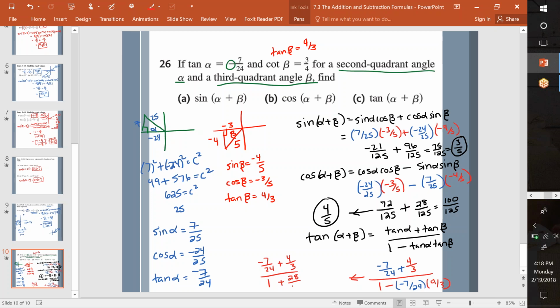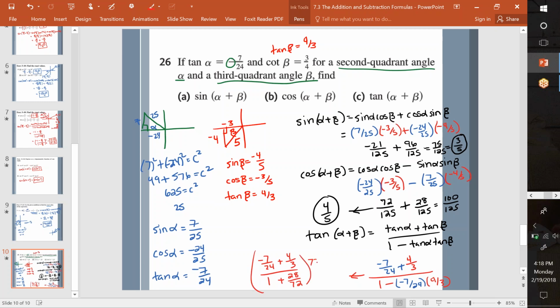That was 72. Now, if you wanted to, you could clear everything by multiplying top and bottom by 72, because it obviously goes into 24 and 3 since they both multiplied to that. So 72 divided by 24 would be 3, times 7 is negative 21, so that's my first number on top. 72 divided by 3 is 24, times 4 is 96. 72 times 1 is just 72, and then 72 in the bottom would cancel out and just leave me with 28.